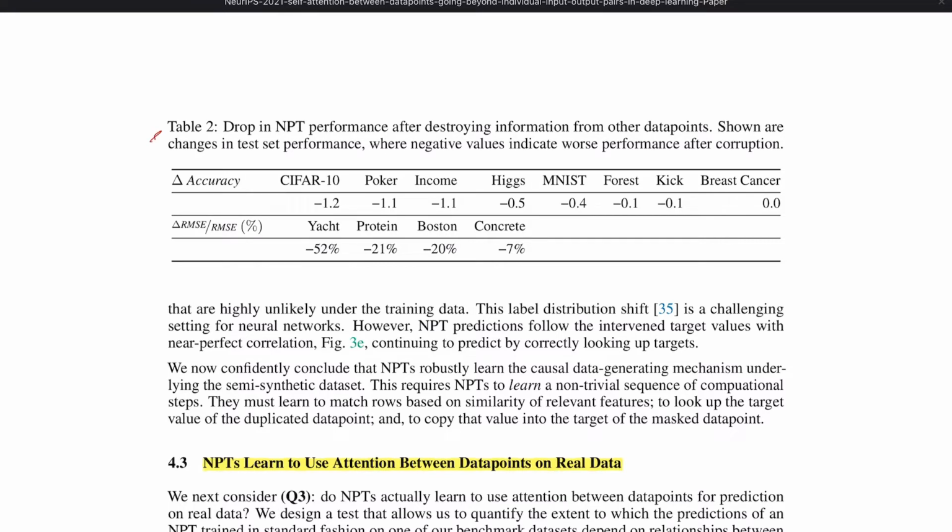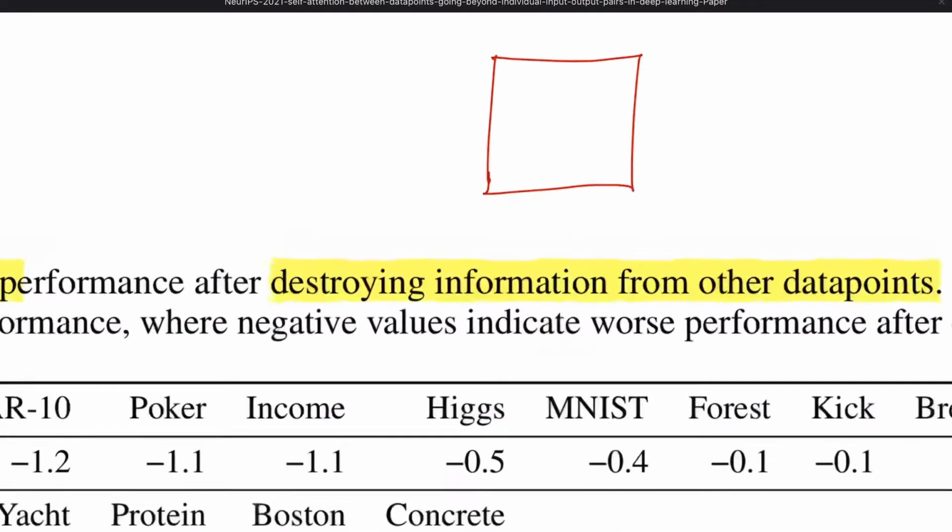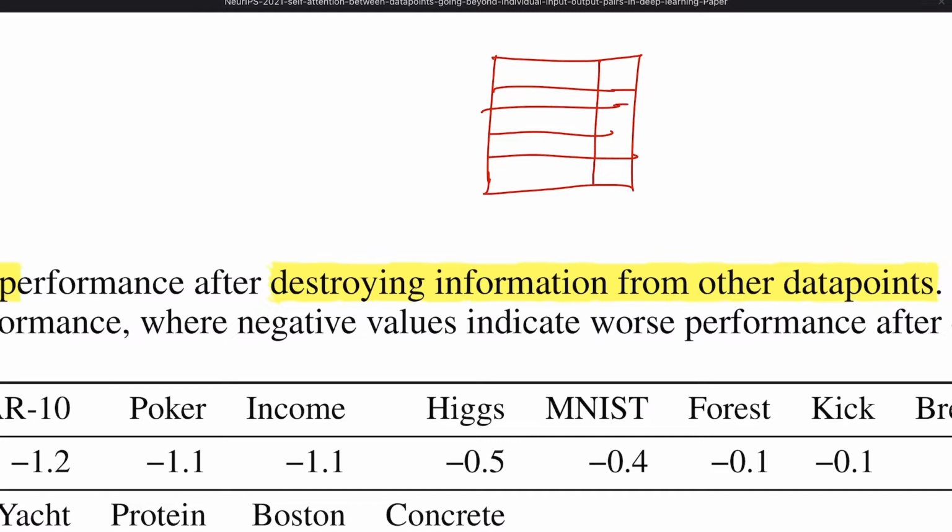Because if you look at this table, this is the performance after they destroy the information of the other data points. This means that you want to make a prediction. These are your labels. This is, let's say, your test point. Those ones you completely shuffle the features, so there is essentially nothing useful there.